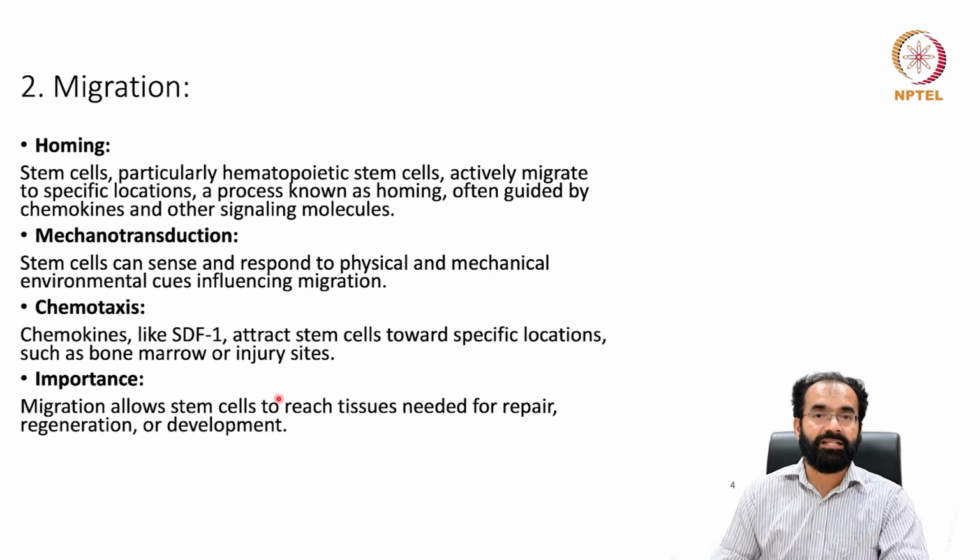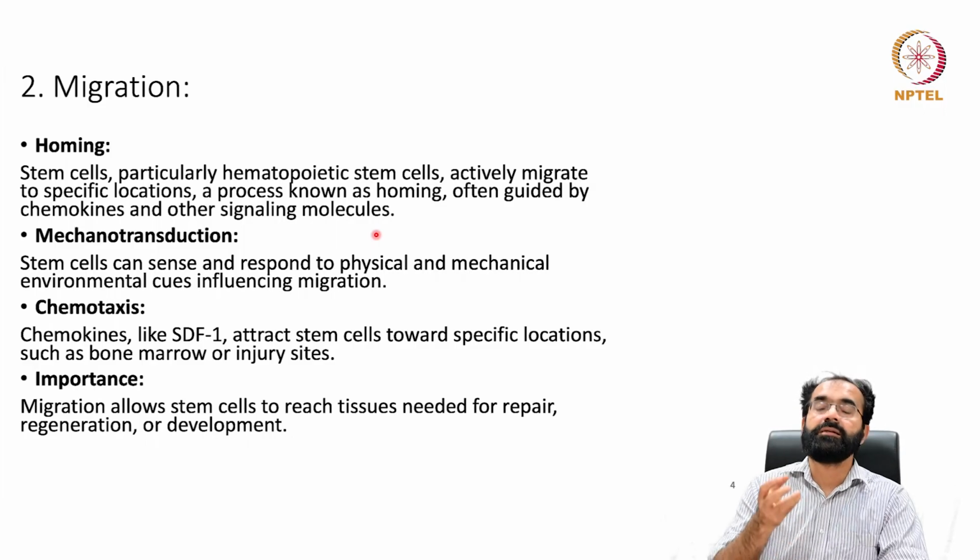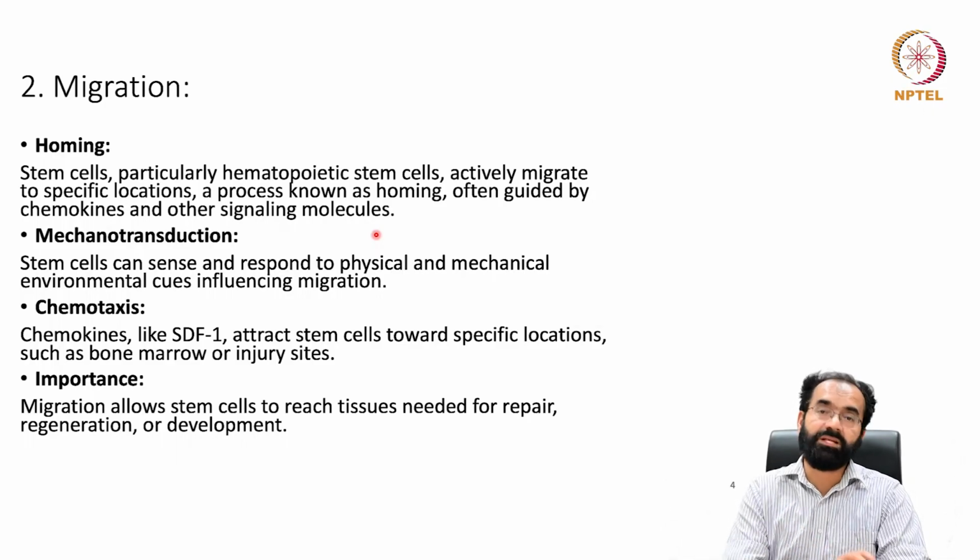Migration has one unique feature that is called homing. Homing basically means the stem cells, particularly hematopoietic stem cells, actively migrate to specific locations, a process known as homing, often guided by chemokines and other signaling molecules, without which a given stem cell will not be able to distinguish itself from the rest of the stem cells.